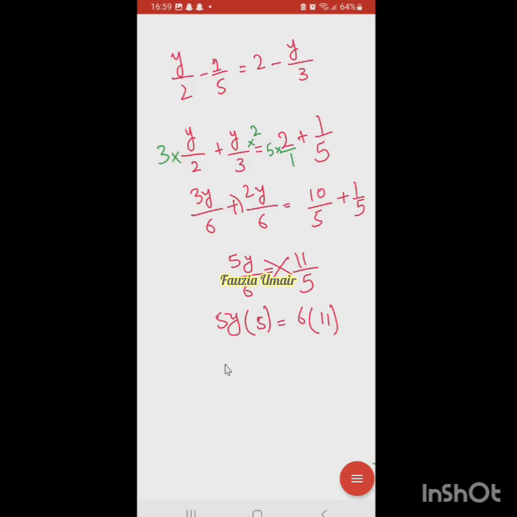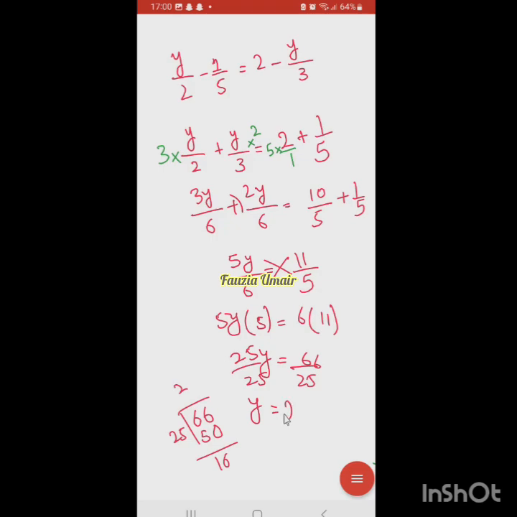25y is equal to 66. Right. So now you divide both sides by 25. So the answer would be y is equal to, you can write it down in the mixed number maybe. 66 ko you can divide with 25. 2 25s are 50 and the remainder is 16.